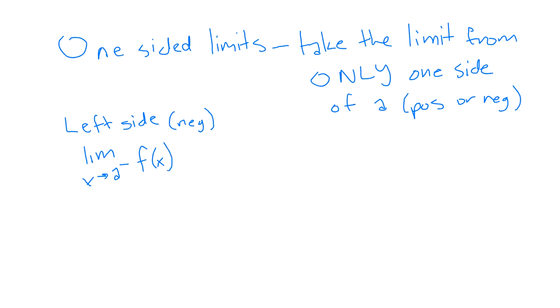Then we have our right side, which is our positive side. Our notation for that is the limit as x approaches a from the positive side of f of x.